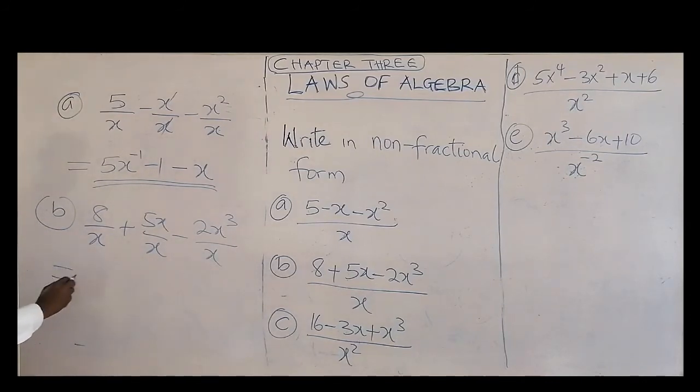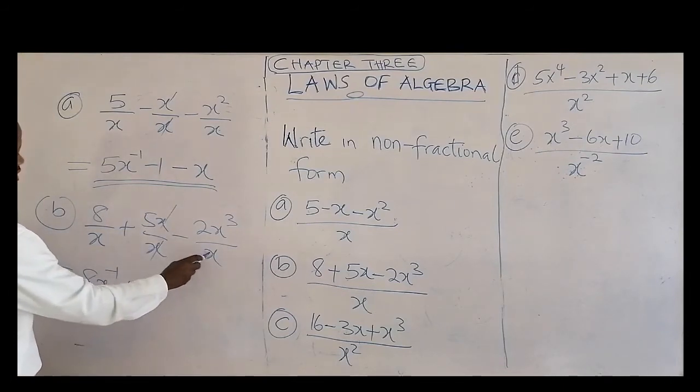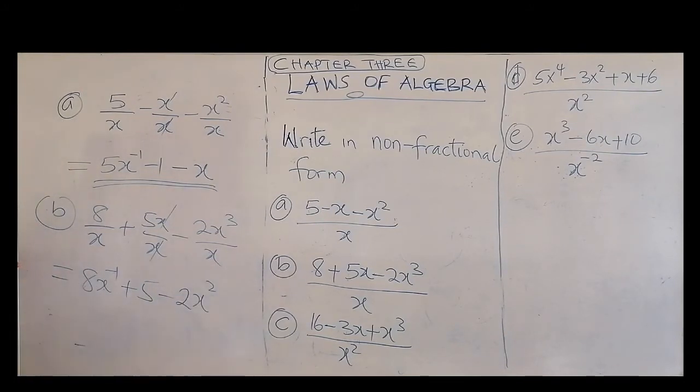So this will be equal to 8x to power minus 1. This one we cancel, so we have 5 here. And this one we have minus 2x squared. So we have transformed from fraction to non-fraction.